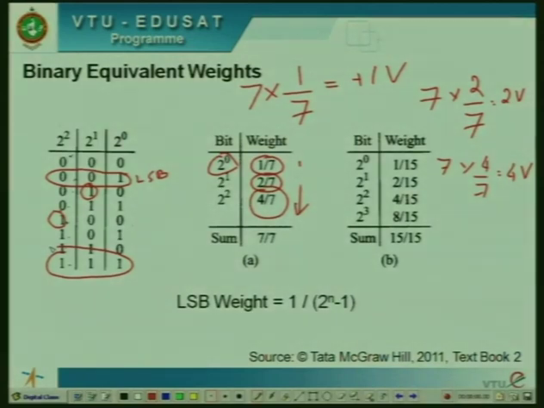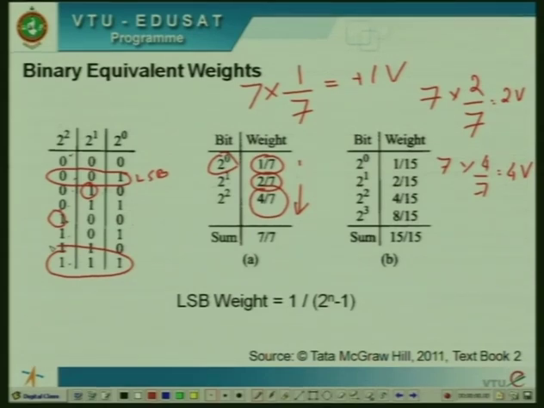So if we are going to build a system which can convert digital to analog, we need to assign a weight to each of the bit positions. Let us move on from 2 bit to 3 bit, 3 bit to 4 bit. If I were having a 4 bit system, then what are the voltage levels that I am looking at? In this case, again for the sake of simplicity, let us assume that the full scale applied voltage is 15 volts and the minimum value is 0.